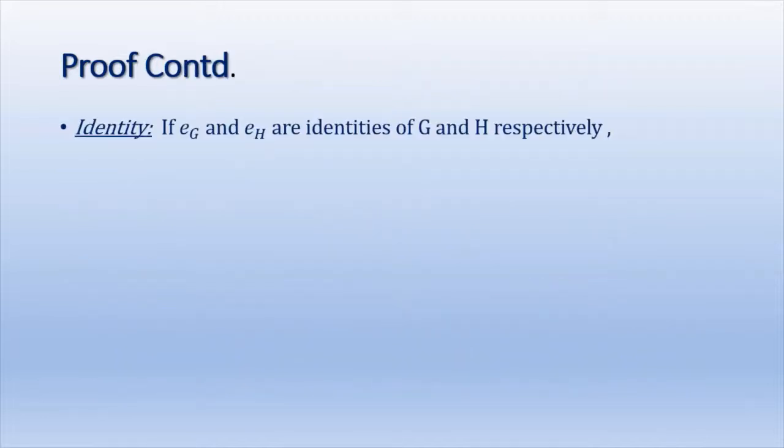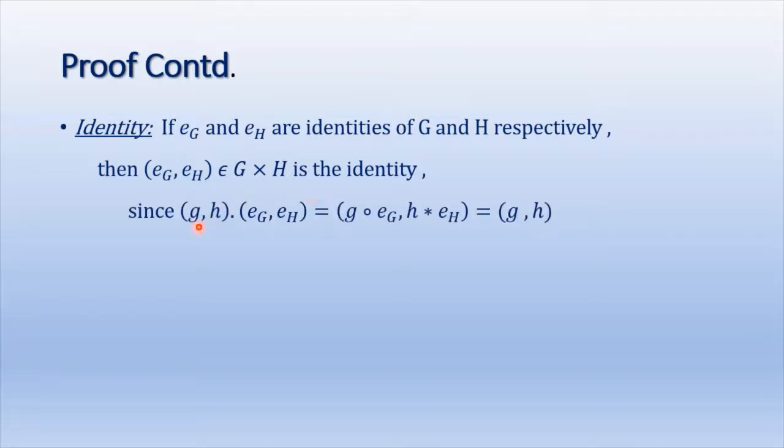The identity elements are obtained using this. If EG is the identity element of G and EH is the identity element of H, then (EG, EH) belonging to G cross H is the identity for G cross H. Since when you operate (G, H) on the left side of (EG, EH), you will have (G dot EG, H star EG).